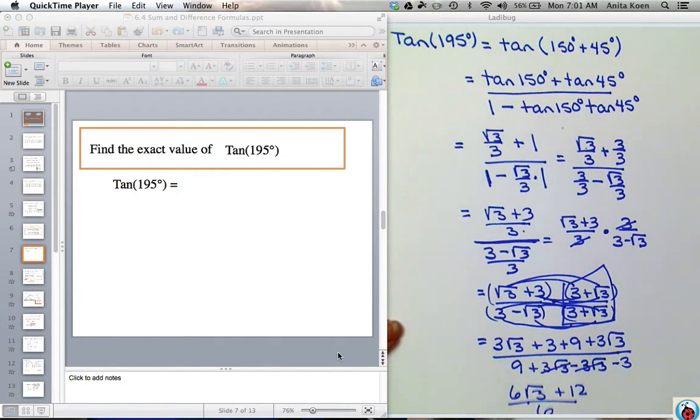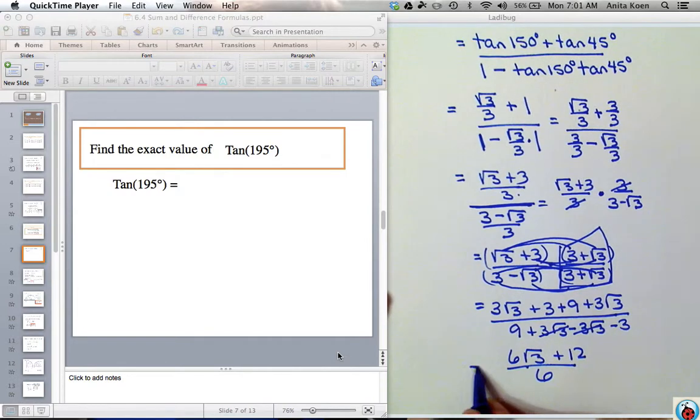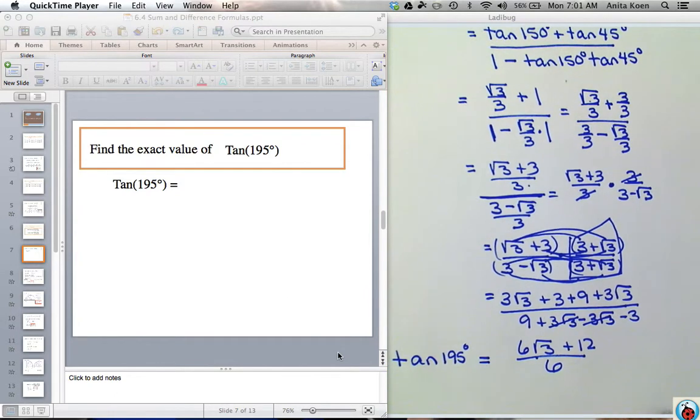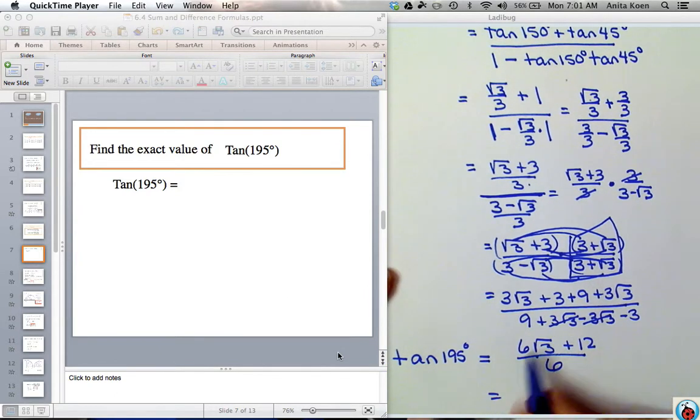If you notice in the denominator, we have a 6, and in the numerator, we have 6 square roots of 3 plus 12, which has a common factor of 6.